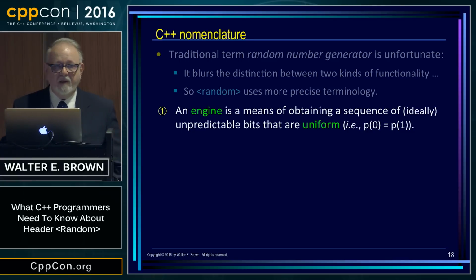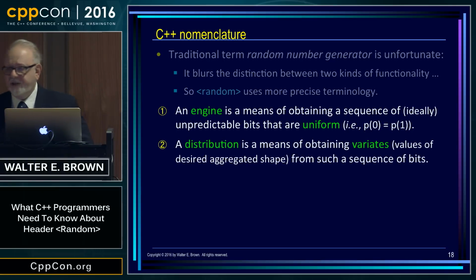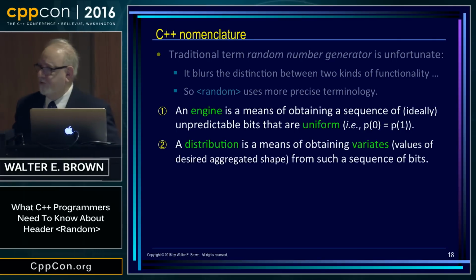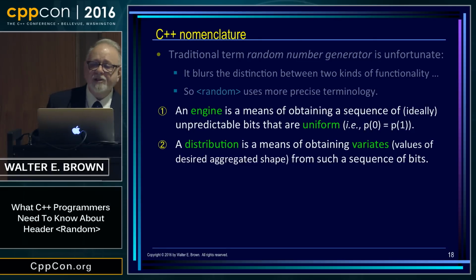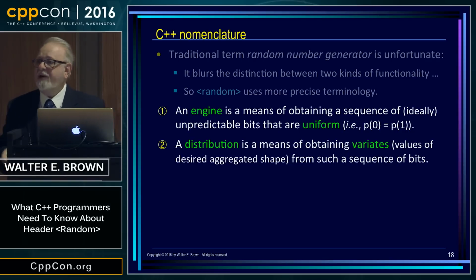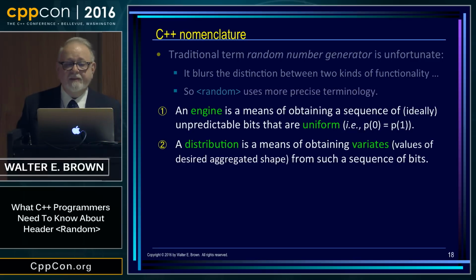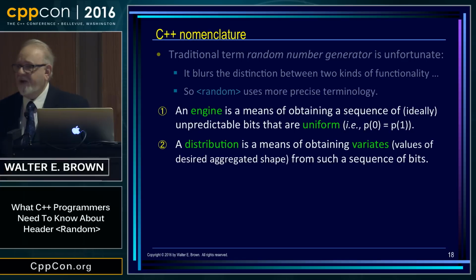Okay? And the second piece of nomenclature is the idea of a distribution, which is well known to statisticians, but not necessarily to computer scientists and programmers. A distribution is a means of obtaining a variate. We think of them as random numbers. The technical term is a variate. And it's not just any variate.